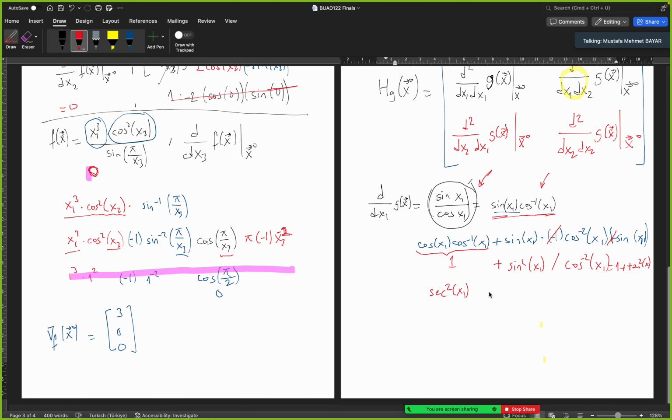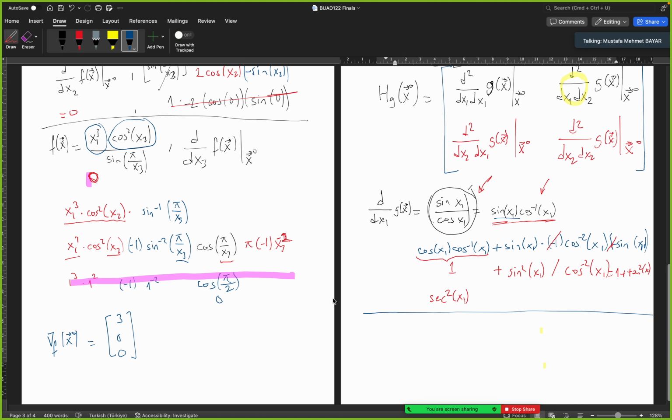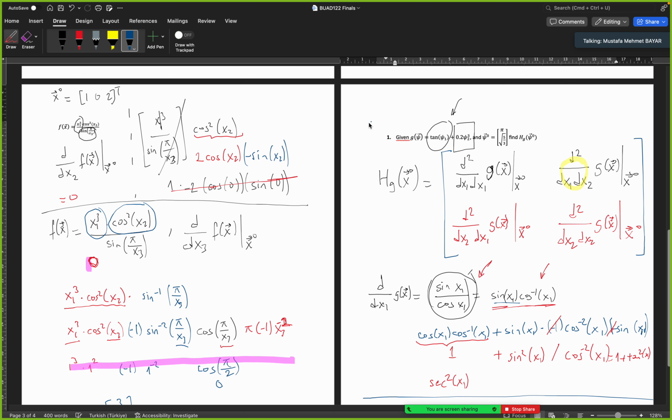So for the second one, I should just compute this guy. I'm sorry, I don't have extra space here, so I have to just create it first.